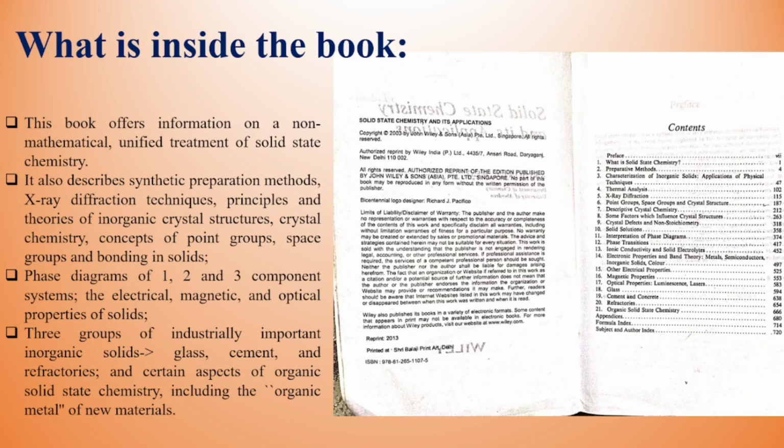You can see 21 chapters divided in the textbook, and the content is written in a very crisp manner. But the importance of the book is that it offers information on a non-mathematical treatment. From the word itself, we can see that the mathematical approach is very limited in this book. It's a unified treatment of solid state chemistry.